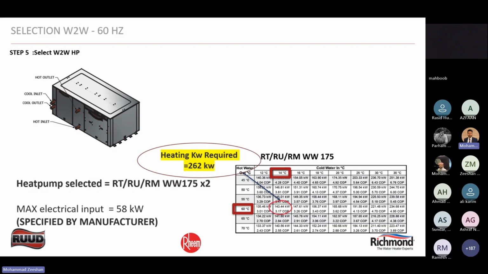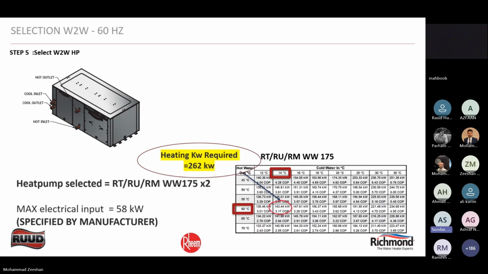Some of the models that we have can go up to 70 degrees with R134A, and most manufacturers across the board can achieve it if they use R134A. However, some of our models have a restriction on the compressor envelope, so we can't go beyond 65. So depending on which model and which refrigerant, you can easily achieve that.